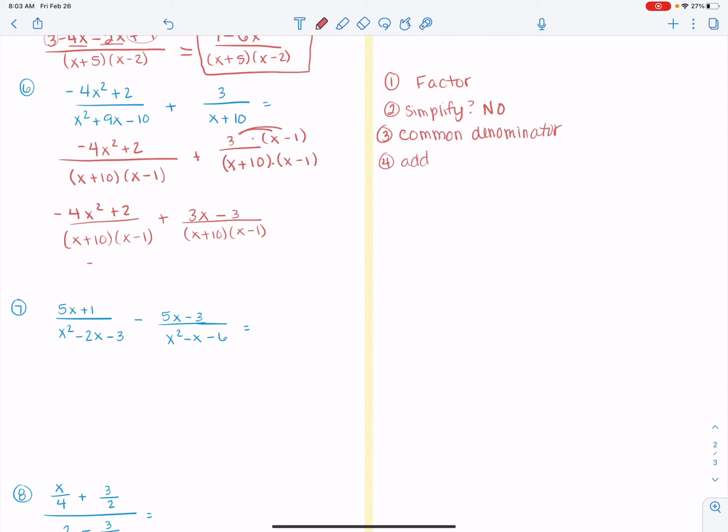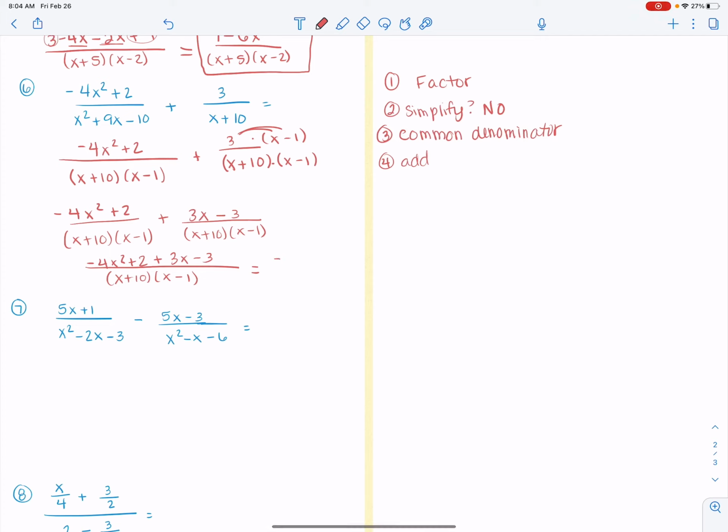So I have negative 4x squared plus 2 plus 3x minus 3, all over (x plus 10)(x minus 1). So we're just going to combine like terms in the top to finish this fraction.